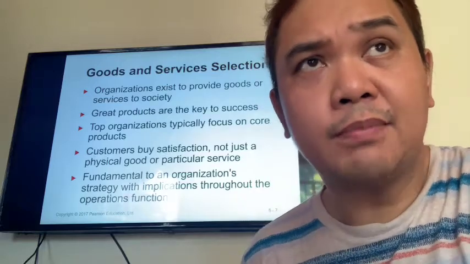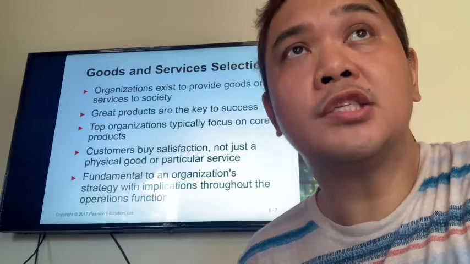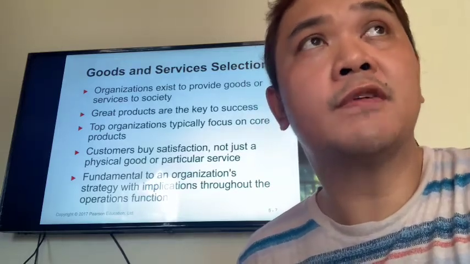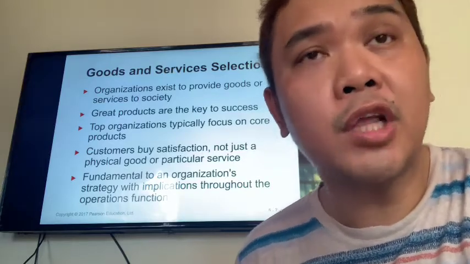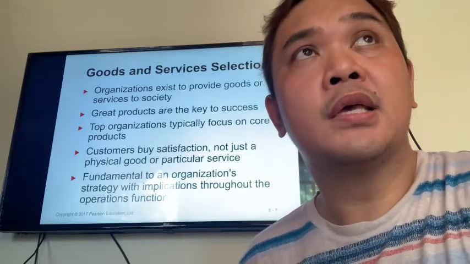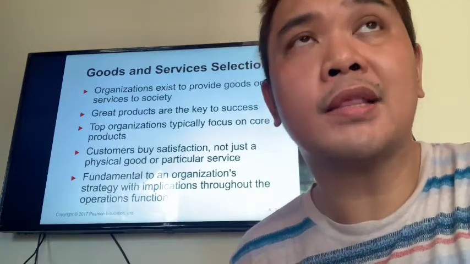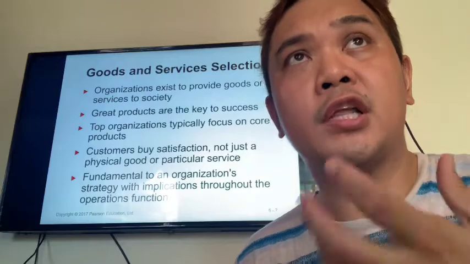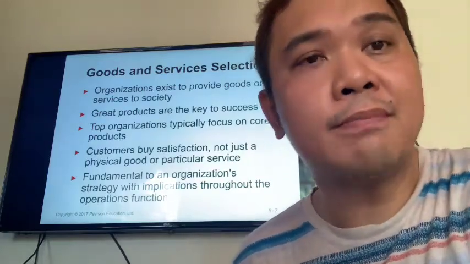Imagine ninyo yung Apple, McDonald's, Jollibee, these are great organizations. They want to provide us with goods and services that have function, not only function, but the design of the product is convenient to the market or convenient to us. So, great products are the key to success.